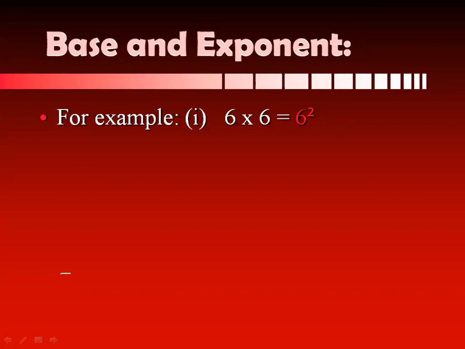Just suppose you have any same number that is going to multiply. The condition is that the number should be the same. Just suppose here you have 6, and the numbers are multiplied with each other. Instead of writing this, you can write it in this form as well.